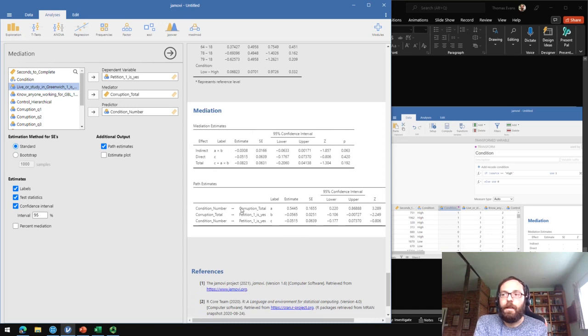So from this path estimate box, you'd suggest probably that the perceptions of corruption are the pathway by which hierarchical structures can sometimes be evaluated differently with respect to trust behaviours, in this case, signing a petition to recommend an ethical audit. And you can see some other similar information in terms of estimates of the direct and indirect effect represented up here.